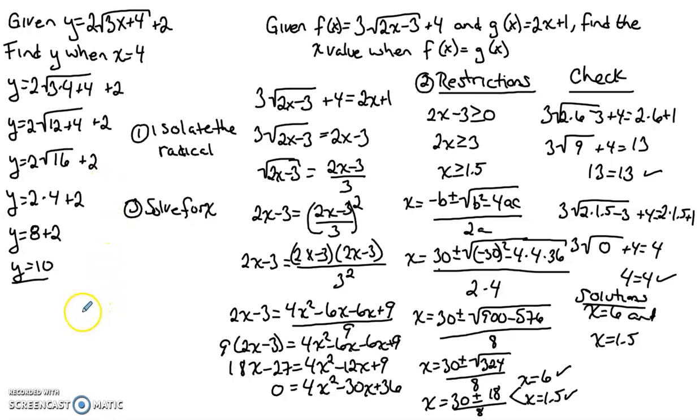So if we had a square root function that looked like this, and let's say that we also had a line that looked like this, and this is our f of x function, and this is our g of x function, we see that f of x and g of x only cross at one point.